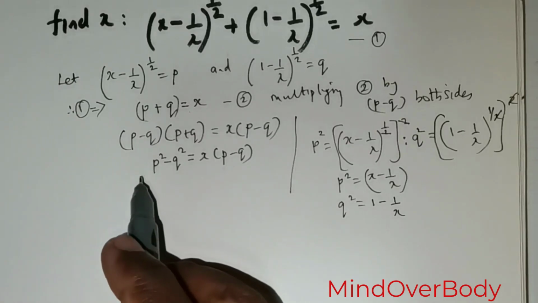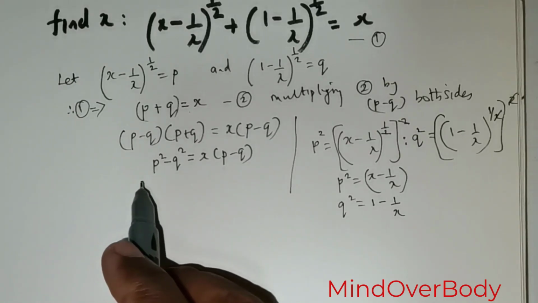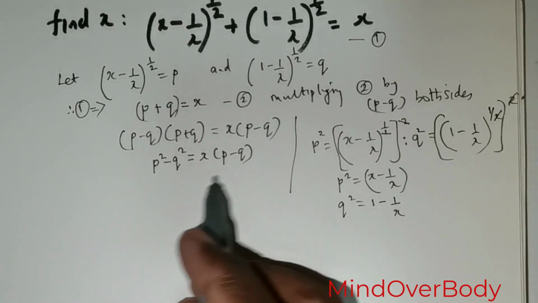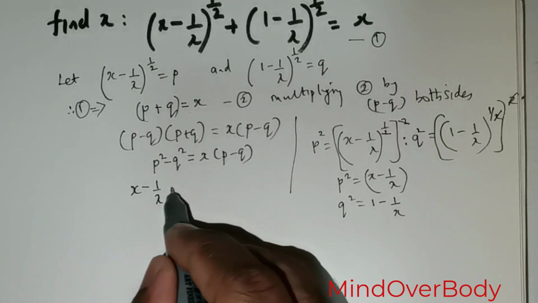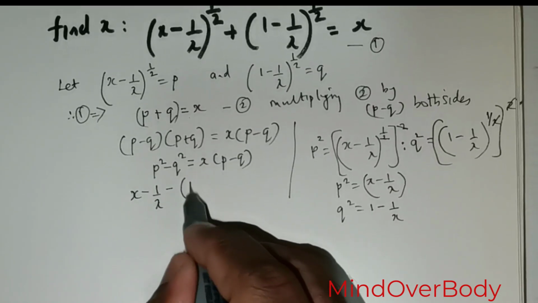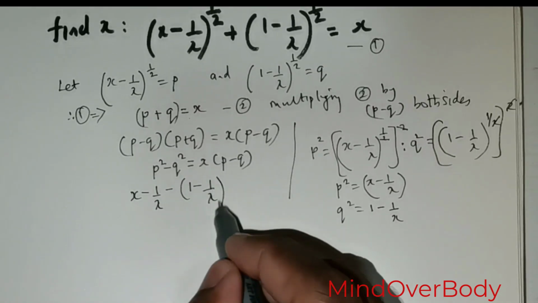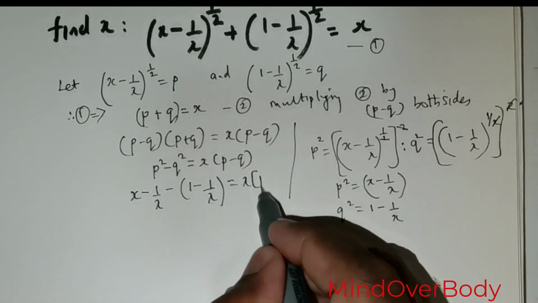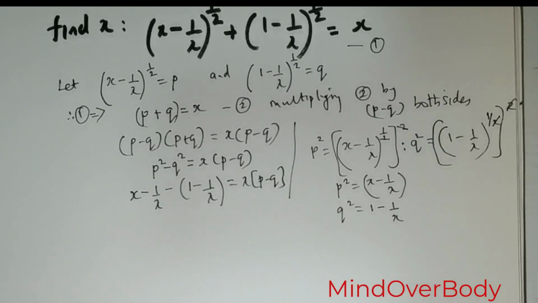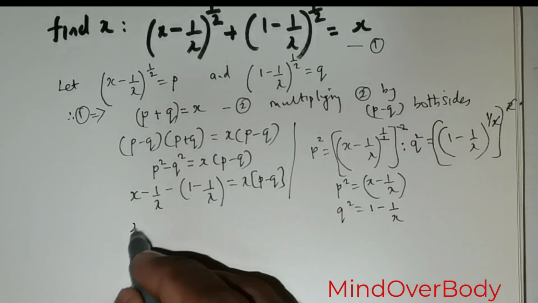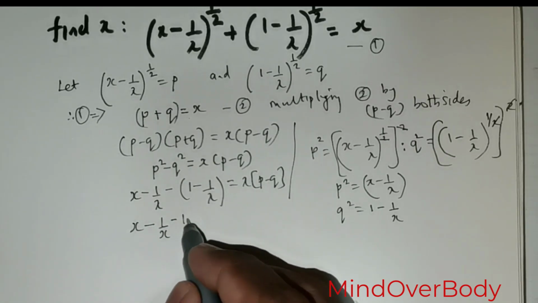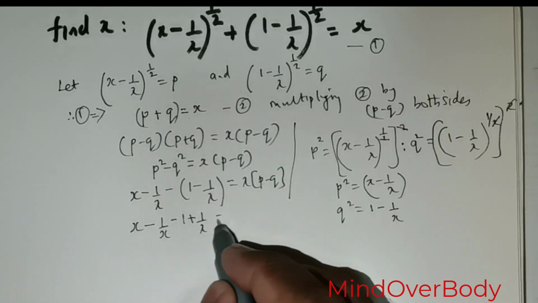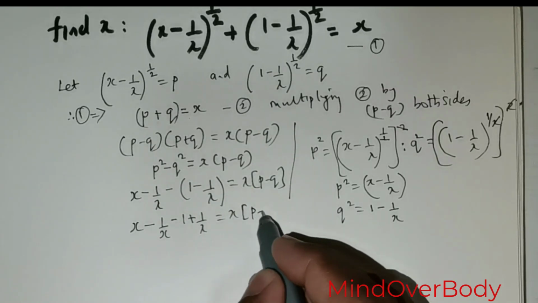So substituting the values of p² and q², we would have (x − 1/x) − (1 − 1/x) = x(p − q). Now rewriting this would give me x − 1/x − 1 + 1/x = x(p − q).